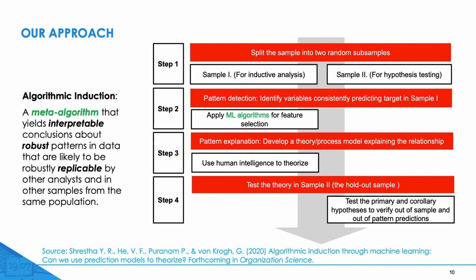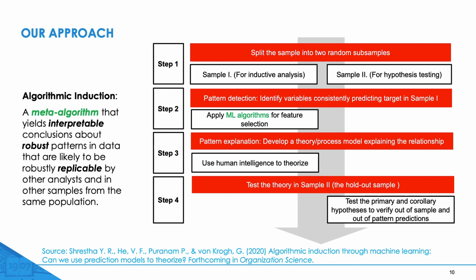And more generally, we are proposing a new approach that we call algorithmic induction, and that has 4 steps. First, we would suggest for the researcher to split the sample into 2 random samples. Sample 1 is reserved for inductive analysis, whereas sample 2 is reserved for hypothesis testing.